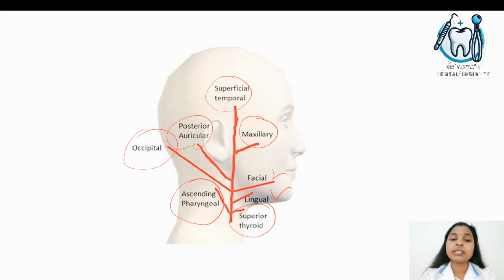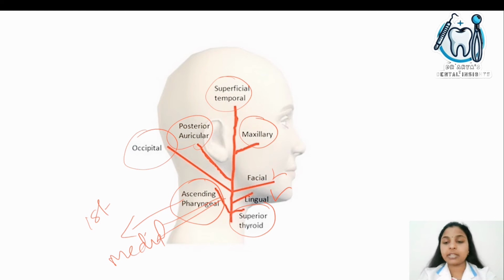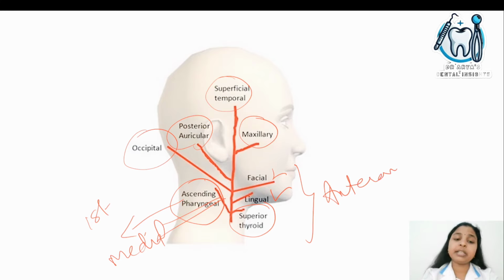So this is the first branch, that is the ascending pharyngeal artery, and it is a medial branch of the external carotid artery. Then these are the anterior branches, that is facial, lingual, and superior thyroid arteries.